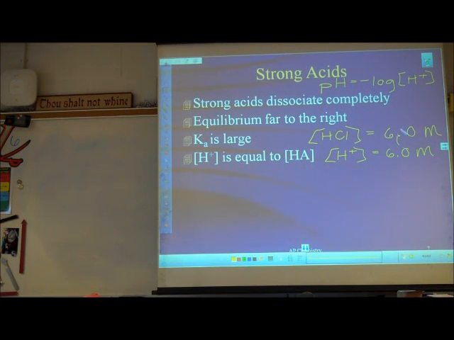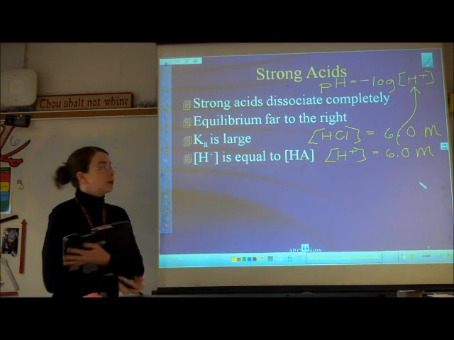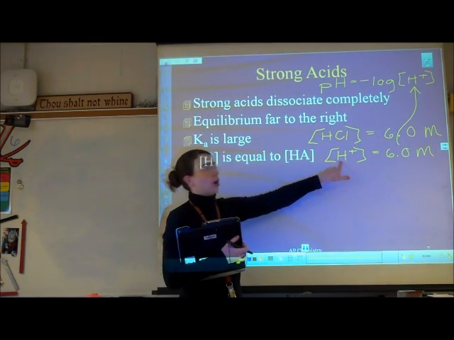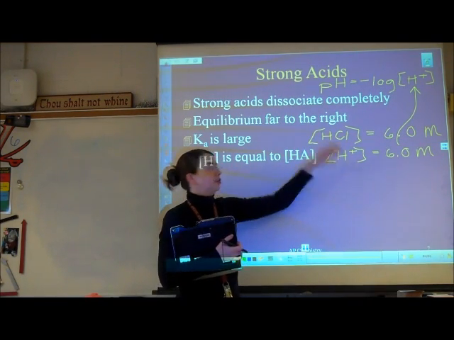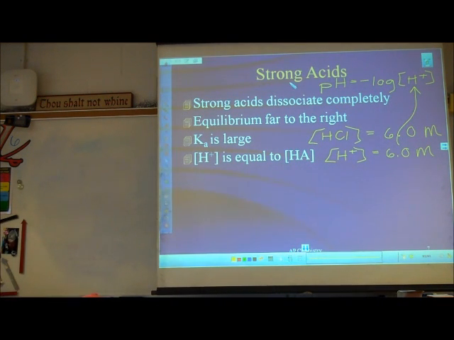And you can take that number and plug it right in and solve. The reason is because all of the HCl that get put in that bottle all ionize. They all dissociate. That is not the case with weak acids, but it is for strong acids. Strong acid calculations are really quick and easy.